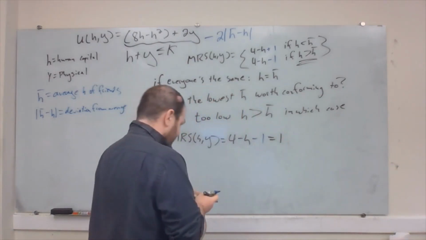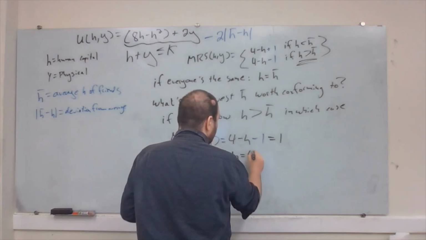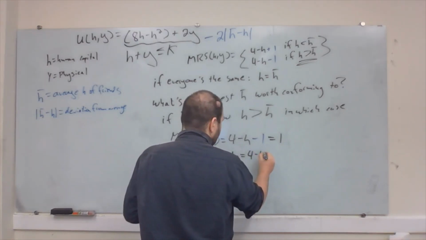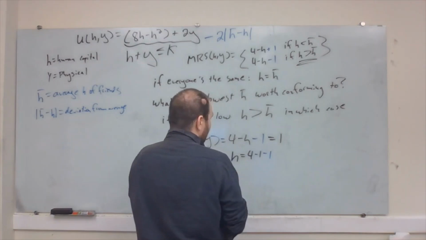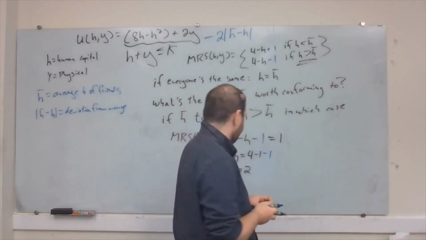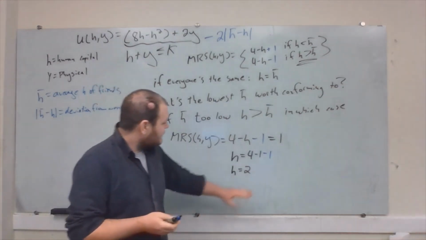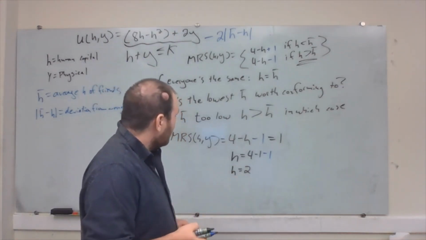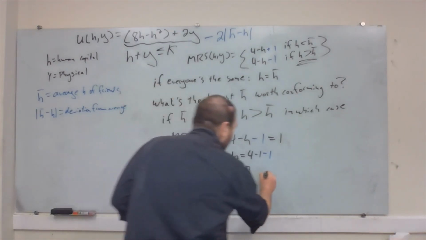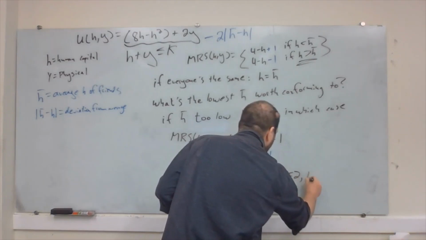And we would say h is going to equal 4 minus 1 minus 1, right? H is going to equal 2. In other words, if we had some level of h bar below 2, if h bar was less than 2, h would equal 2.